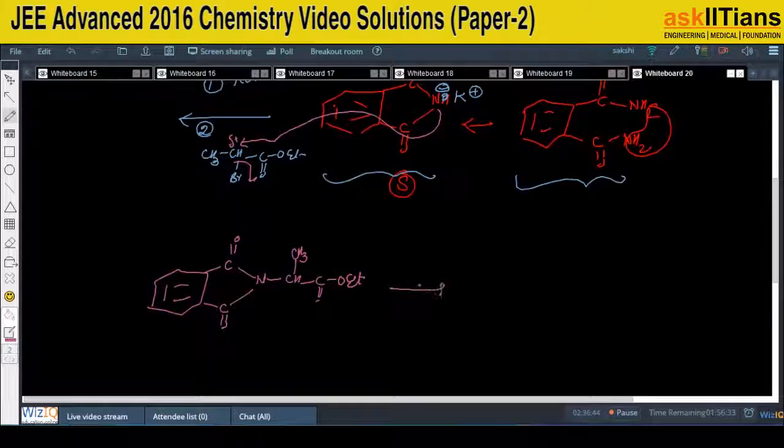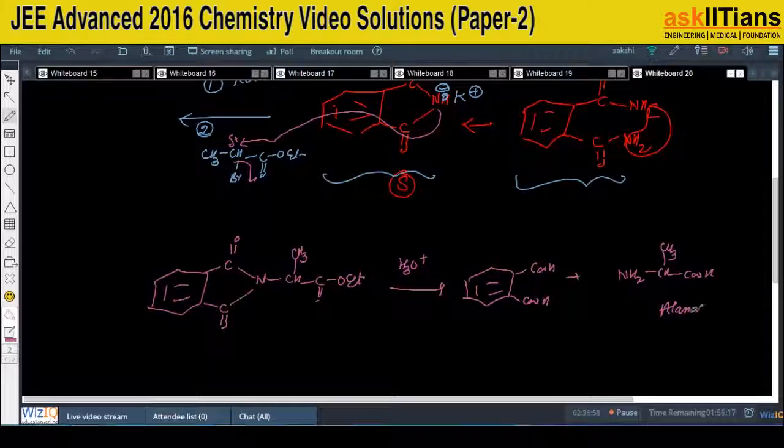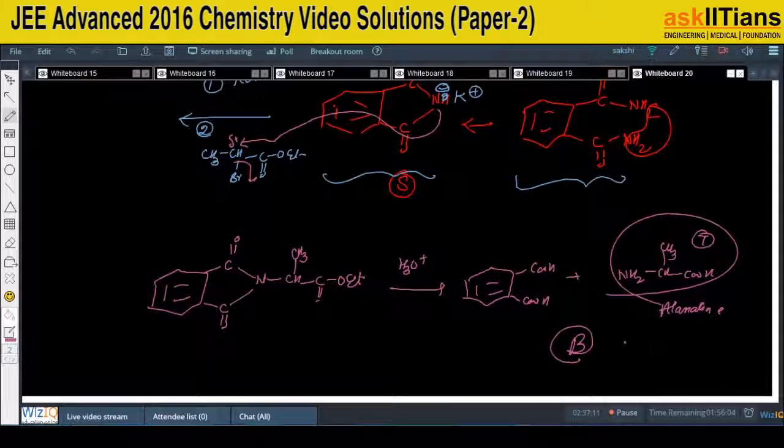Now if I ask you to do the hydrolysis, you will get phthalic acid, COOH, COOH, and then you will get NH2, CH, CH3, COOH. This is alanine. So this was the compound number T you were talking about. Looking at the options, compound T was either glycine, alanine, valine or serine. So option number B will be the correct option for question number 36.